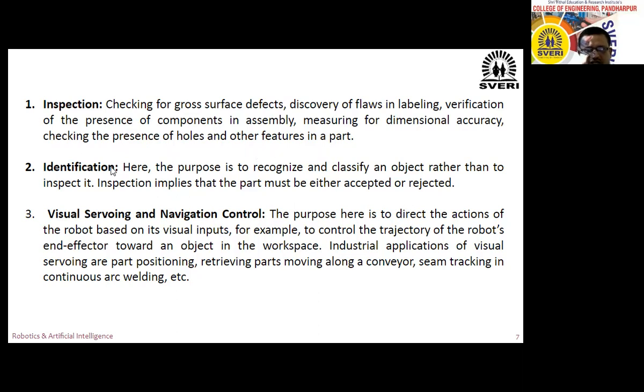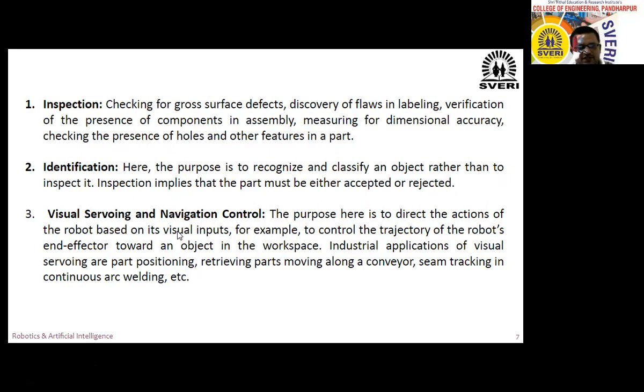Next is identification. Here, the purpose is to recognize and classify an object rather than to inspect it. Inspection implies that the part must be either accepted or rejected.